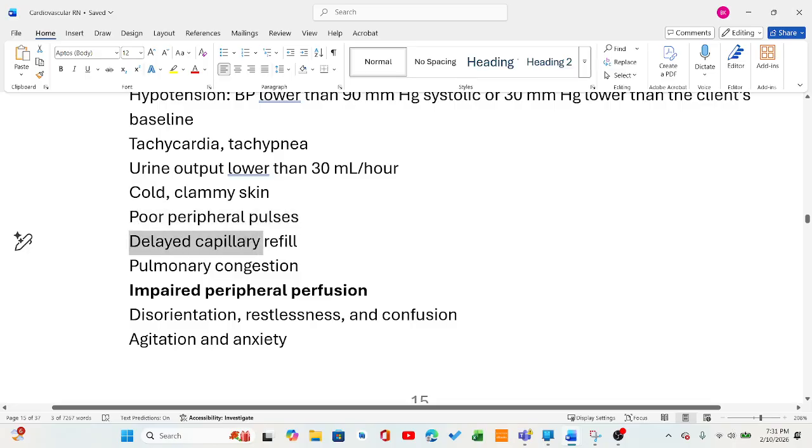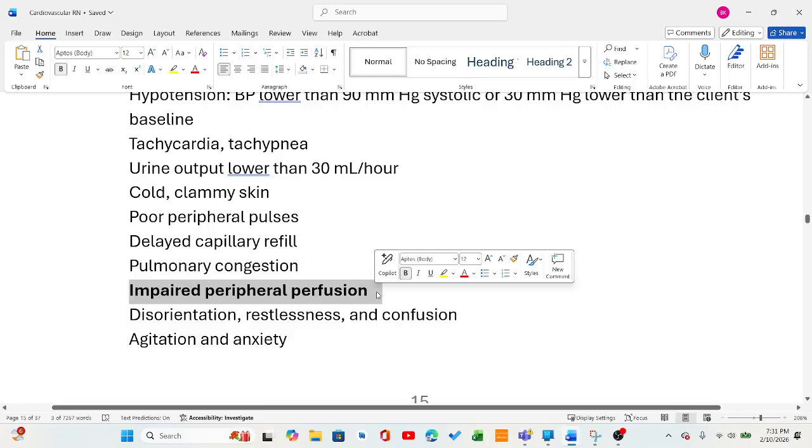And then there will be a delay in capillary refill, pulmonary congestion, and impaired peripheral perfusion. Since the heart is no more pumping, blood will not be getting into the extremities like the fingers and the toes. Those are the things that you should be looking at.